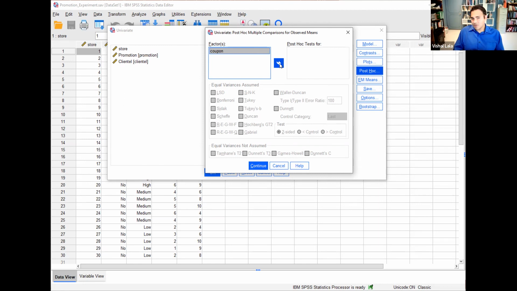The H1 is tantamount to saying coupon and no coupon are different in terms of sales. So we don't really have to do a post-hoc test. If you do insist on doing post-hoc tests anyway, SPSS will tell you you don't need to, basically. I'm not going to do this, but you can try it out on your own and see what it does if you're curious as to the consequence of it. I'm not doing it because it just doesn't make any sense to do so.